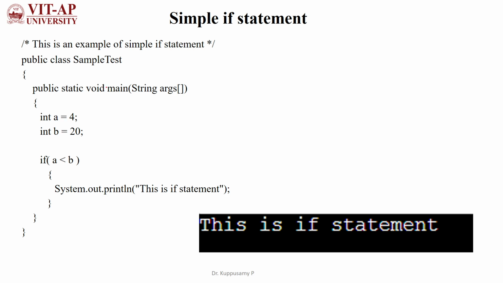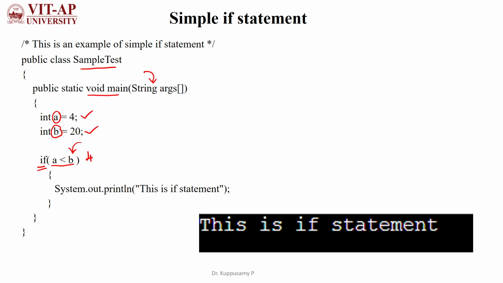For example, here the class SampleTest is created. Inside the class we are creating the main method. String args is passed over here, and we are declaring two variables with integer data type. a has the value 4 and b has the value 20. Here we are using the if condition with the boolean expression, a relational operation a less than b.